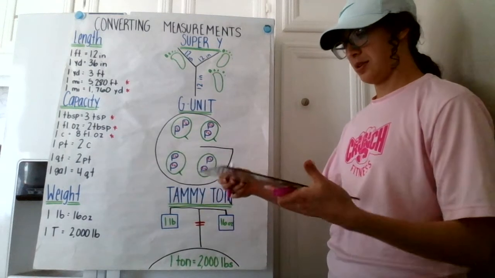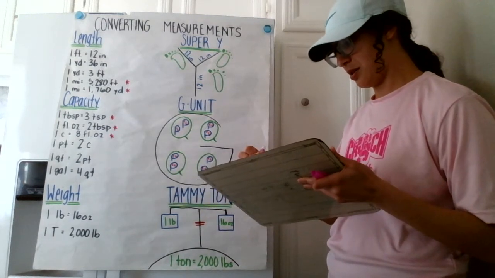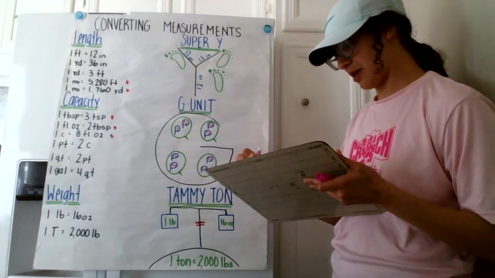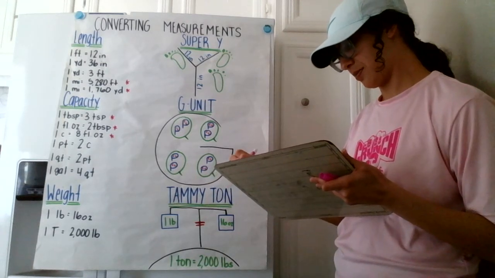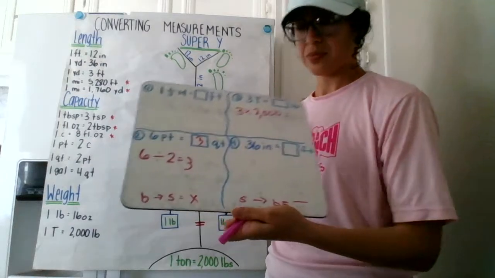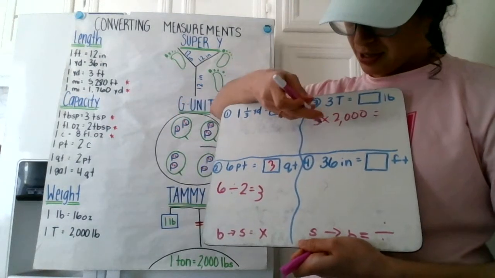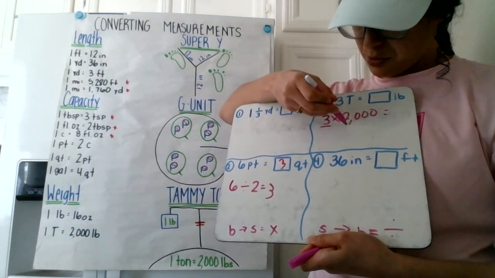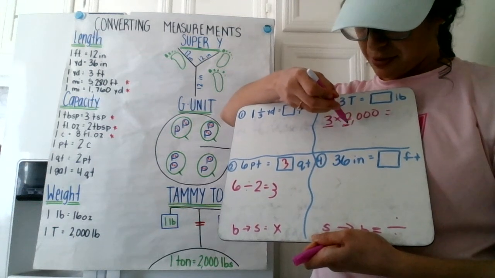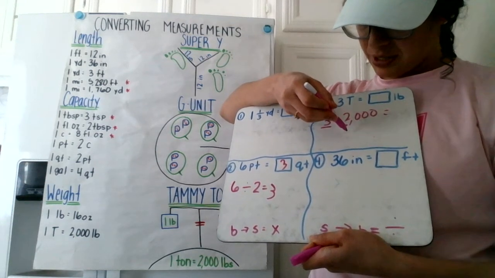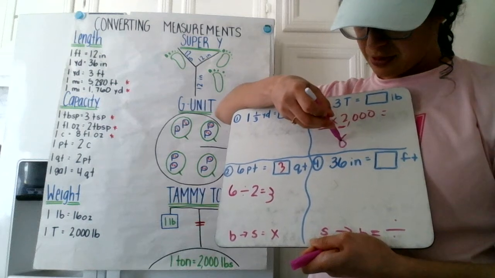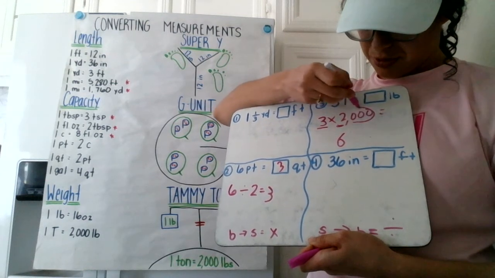2,000, right? So I'm going to take 3 and I'm multiplying it by 2,000. Okay. So remember basic fact? I have this 3 and I'm going to multiply it to this 2. Okay. My answer is going to be 6. And what do I do with these 3 zeros?